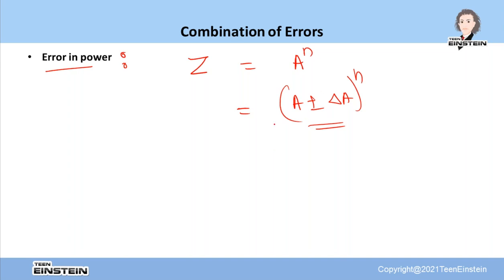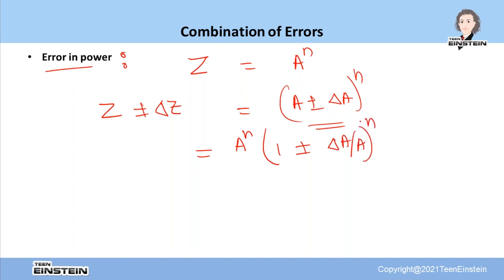In this case also, a to the power n, so I'm just taking a common. Suppose my error in z is plus or minus delta z. So you will get here delta a by a, whole to the power n.